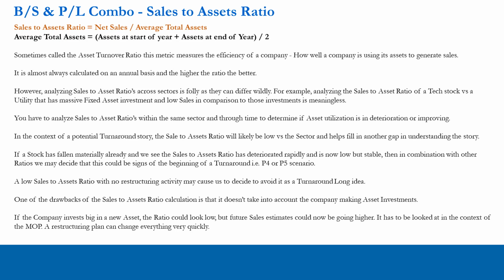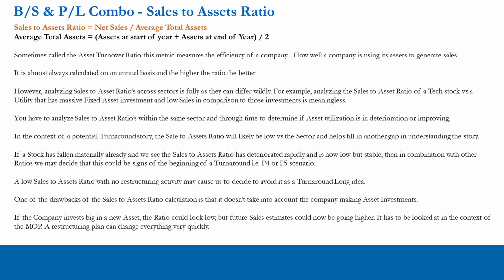Now, in the context of figuring out if something is actually a turnaround story or not, the sales to assets ratio is going to likely already be low versus the sector, but it helps us fill in another gap in understanding the overall story.